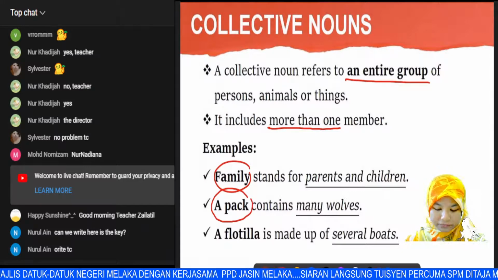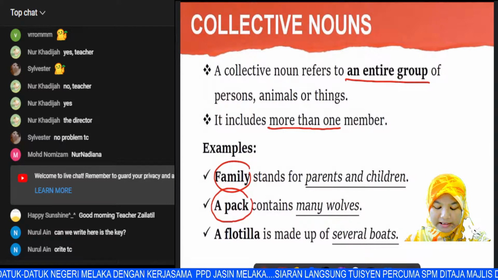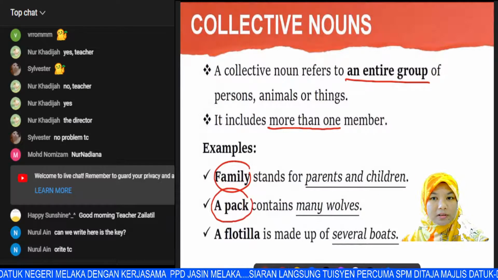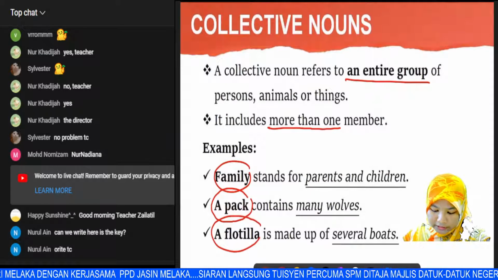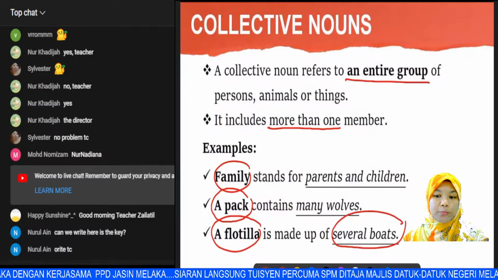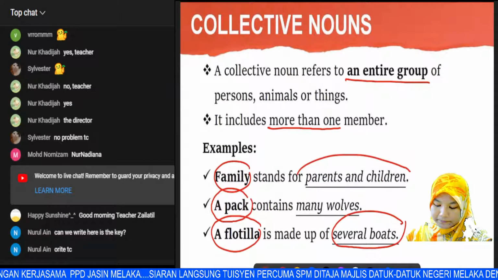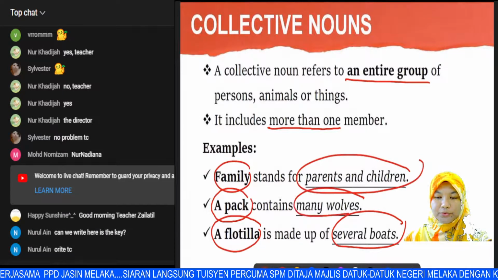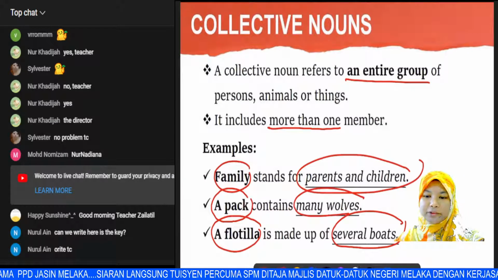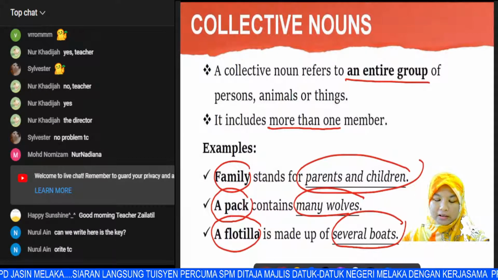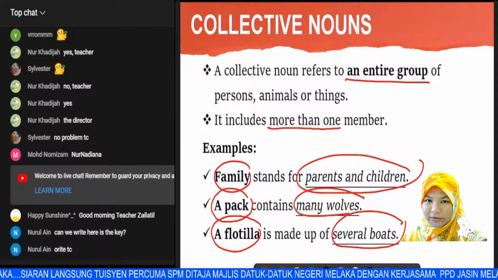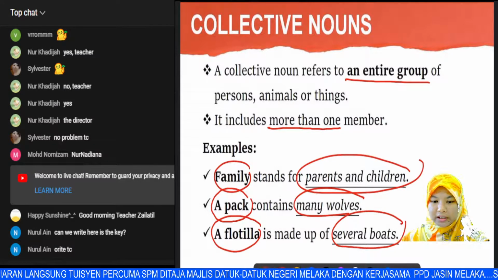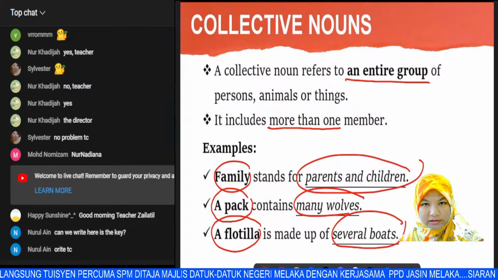And then a flotilla is made up of several boats. We use a flotilla to refer to groups of boats. So, family we use for parents and children. A pack of wolves, I think you have heard of that expression before. A flotilla of boats.